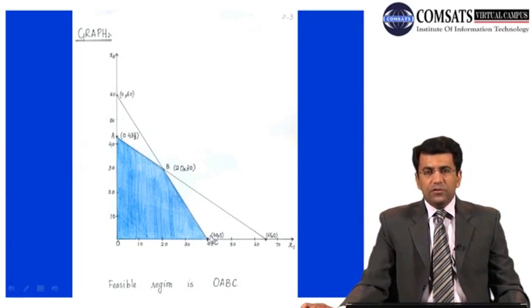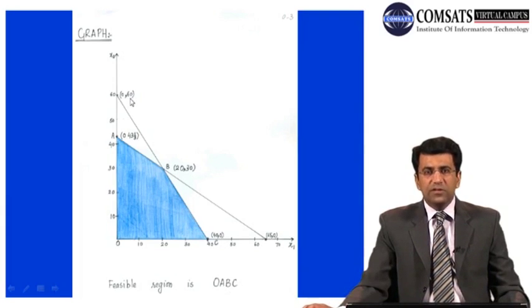Similarly, we will put the other 2 points for the other constraint on this graph. Again, this point is 40, 0, that is, the x coordinate is 40 and the y coordinate is 0. And what's the other point? Here at this point the x coordinate is 0 and the y coordinate is 60.